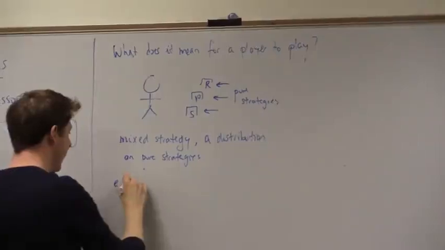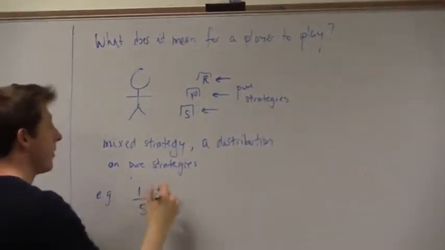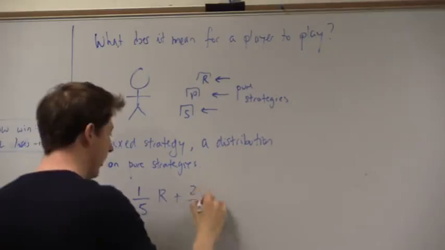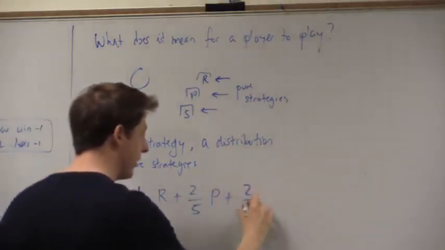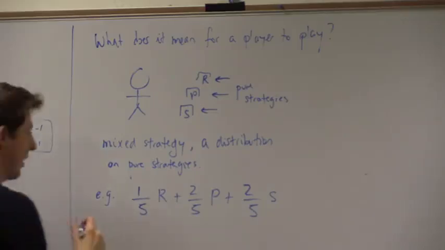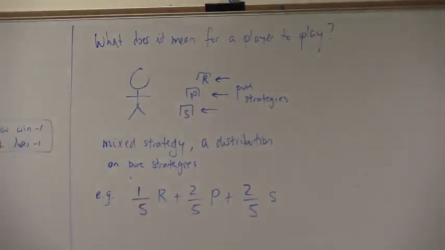For example, he could say, today I'm going to play rock with probability 1 over 5, paper with probability 2 over 5, and scissors with probability 2 over 5. That would be an example of a mixed strategy over the pure strategies rock, paper, and scissors.